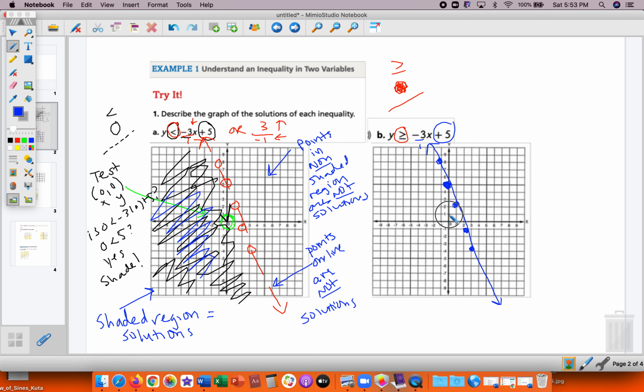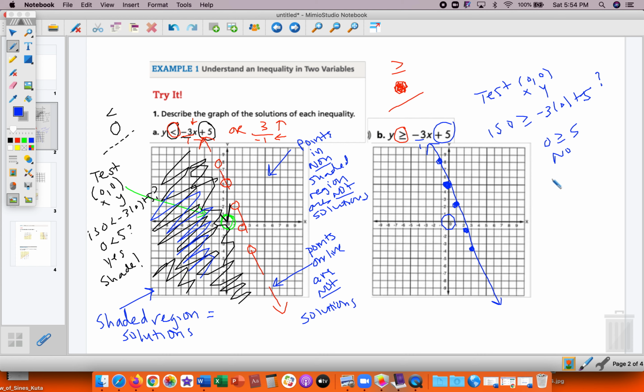Okay, again, 0, 0. The origin's far enough away, so I'm going to test 0, 0, to see if I should shade that side or the other side. So is 0 greater than or equal to -3 times 0 plus 5? Is 0 greater than or equal to 5?